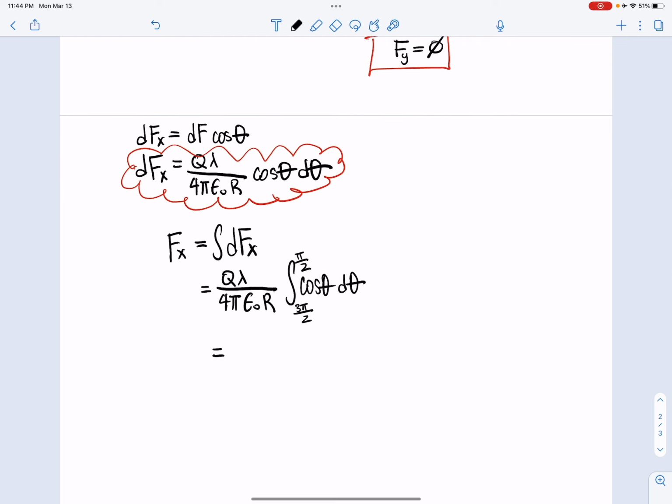And then I would get that the answer is q lambda over 4 pi epsilon naught r, and the integral of cosine is sine theta, from 3 pi over 2 to pi over 2.